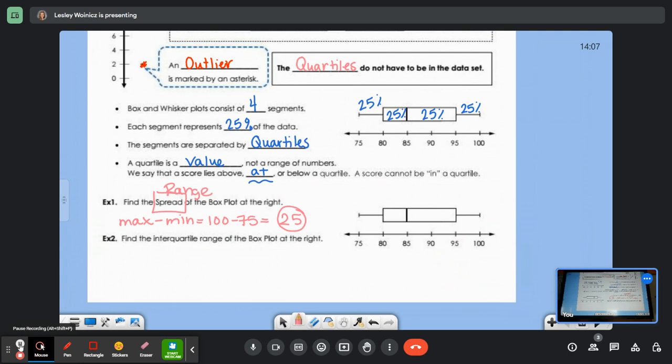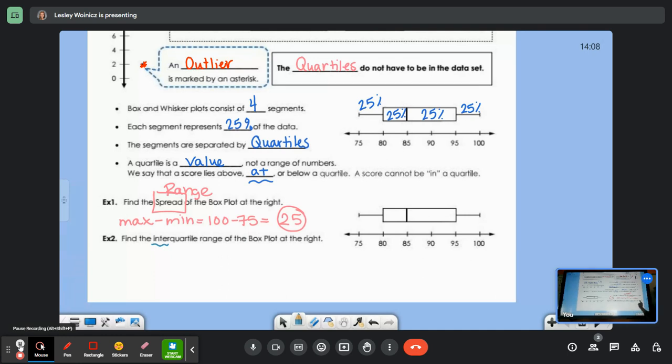Now we have to find the interquartile range for the box plot. Who knows what the prefix inter means? Inside, good. It's like inside or between, right? You're warm.